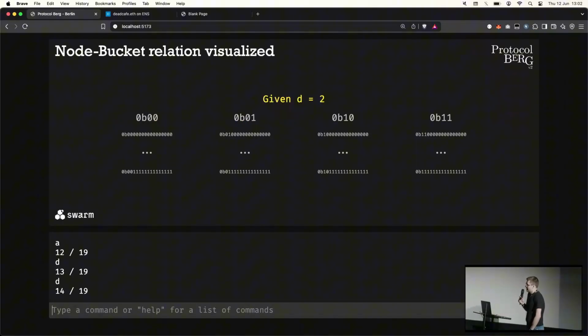Okay, so here we have depth 4, meaning we have 4 neighborhoods. And the first neighborhood, the binary 0, 0 neighborhood, where all the node addresses start with binary 0, 0, meaning they store chunks where the address starts with binary 0, 0, meaning those chunks are in the buckets which start with binary 0, 0. You get the idea.